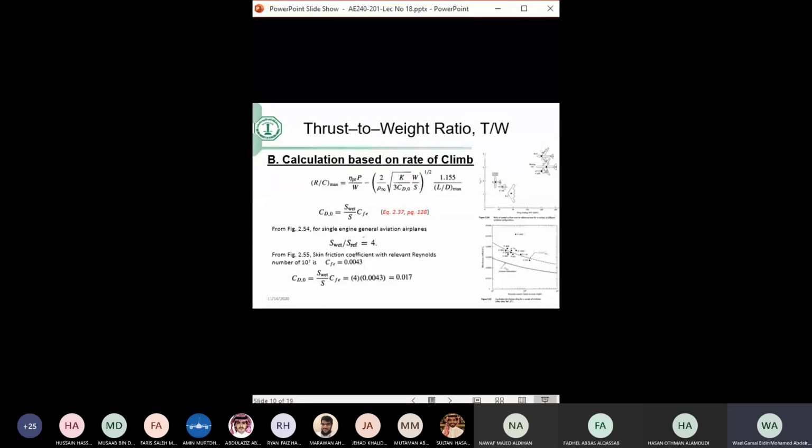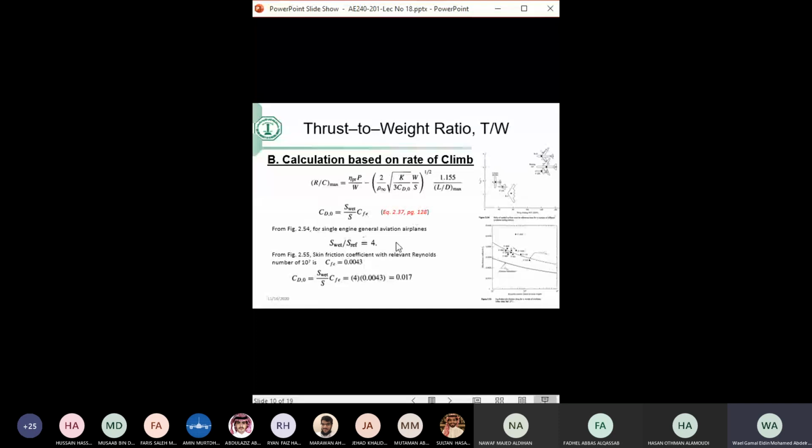For example, from similar aircraft, we can find an estimate of the coefficient of friction, such that when it's multiplied by the external surface area of the aircraft, it can be related to the CD naught.